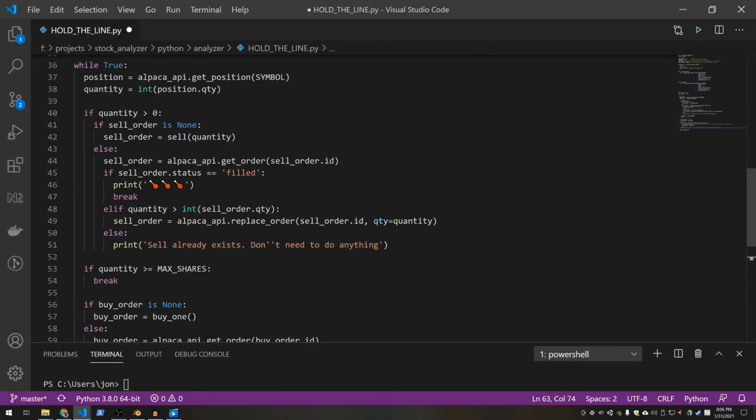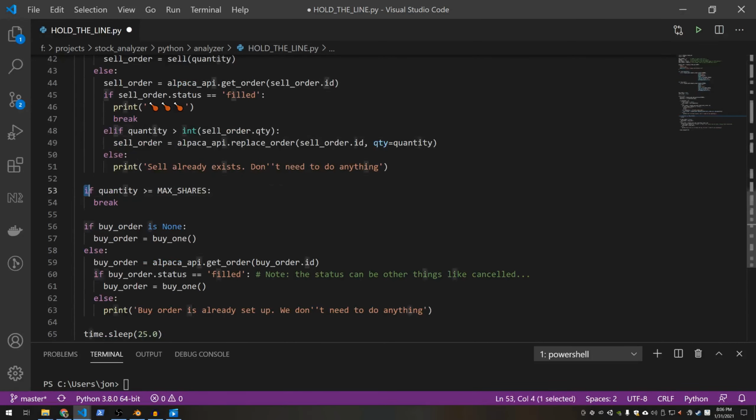It basically exists in three phases inside this infinite loop. We have our sell phase, where we're only selling if there's no order currently out, or if the quantity on the order needs to be updated. And the quantity will change if our buy orders successfully process.